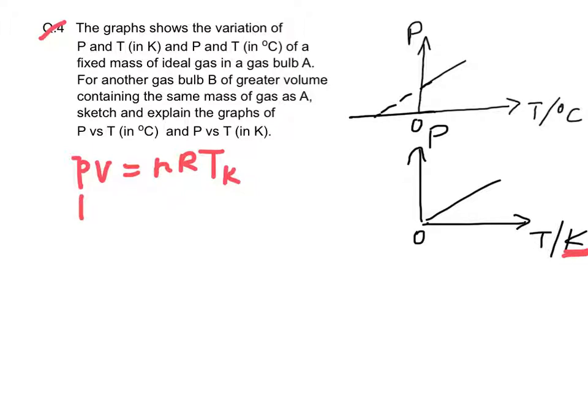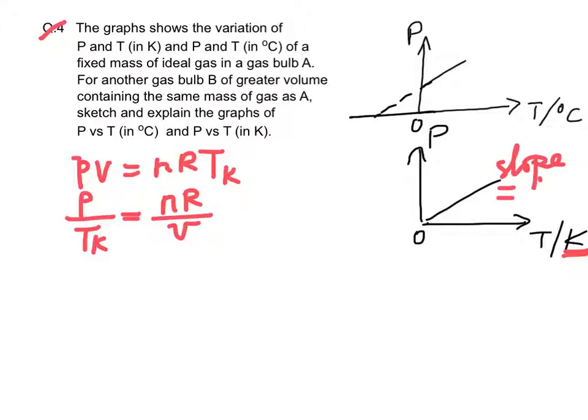That is, P over T in K equal to nR over V. And the slope of the straight line is equal to nR over V. For another gas bulb B of greater volume, that means V increases, containing the same mass of gas, that means the number of moles of gas remains the same.